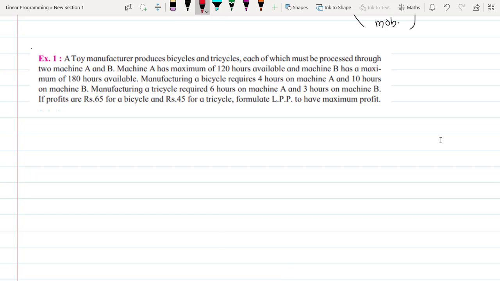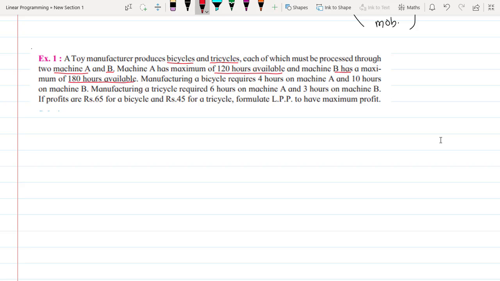A toy manufacturer produces bicycles and tricycles, each of which must be processed through two machines, machine A and machine B. Okay, machine A has maximum of 120 hours available and machine B has maximum of 180 hours available.